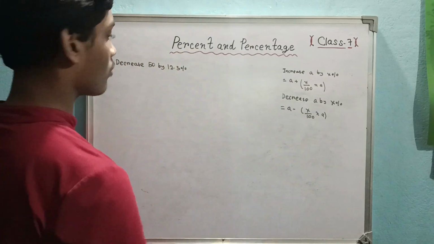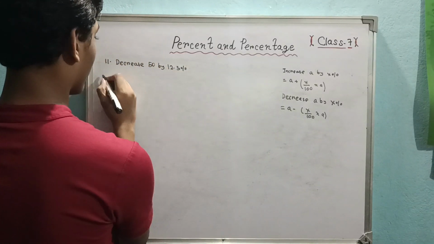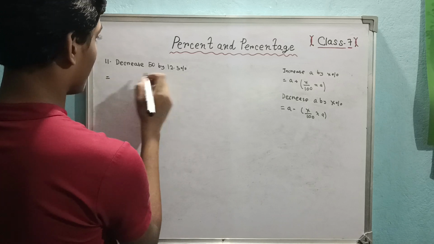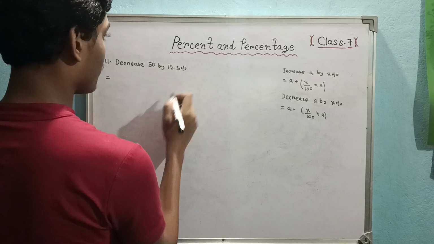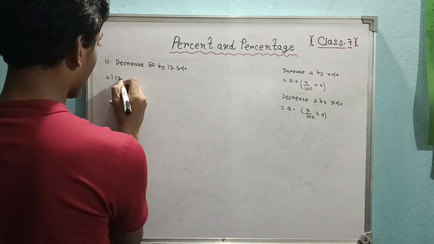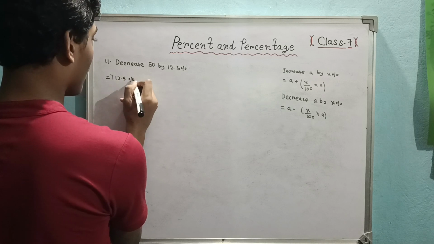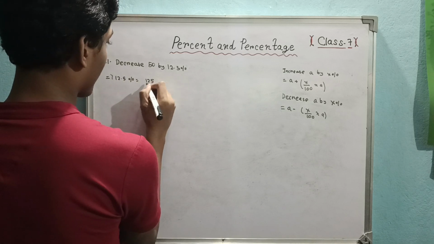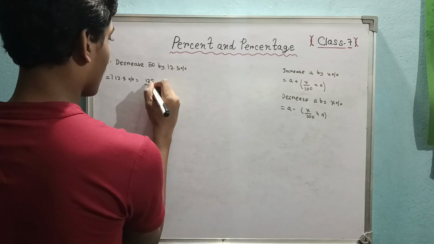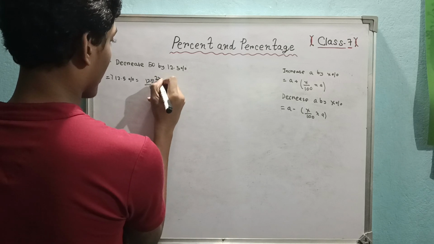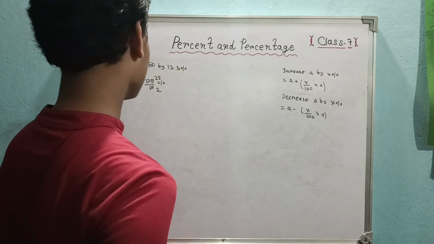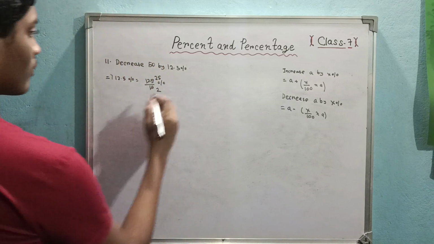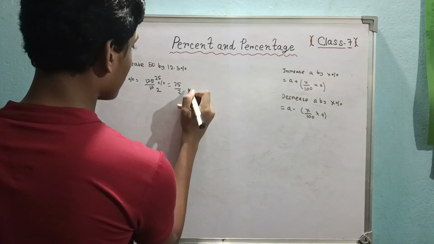So the decrease formula we know here. 12.5% means 125 by 10%. 25 and here 2. So 25 by 2% it becomes. Remember this, equal to 25 by 2%.